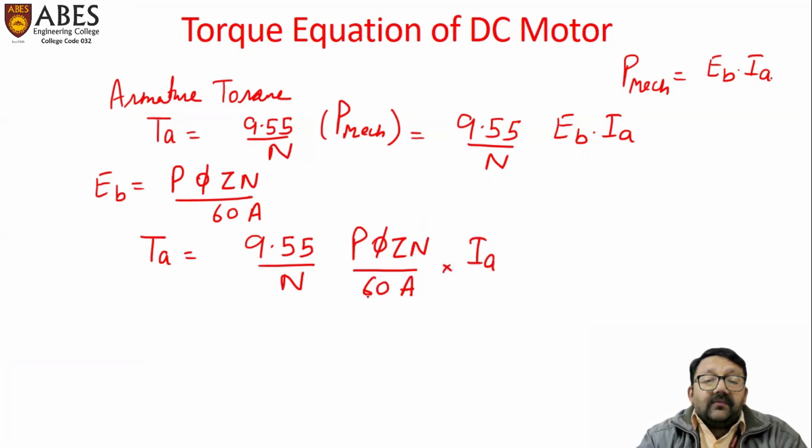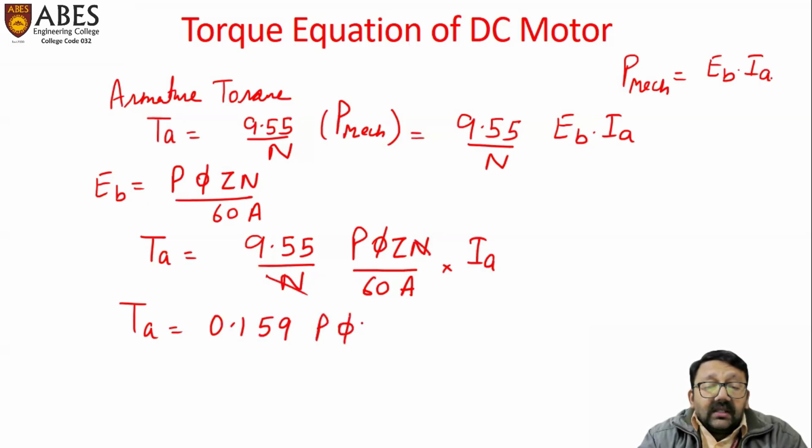So this 9.55 divided by 60 is 0.159. This N cancels out with this N. We get P phi Z IA upon capital A, Newton meter.